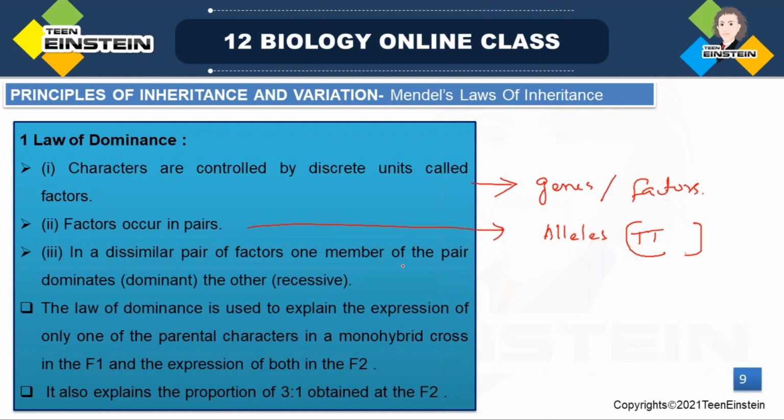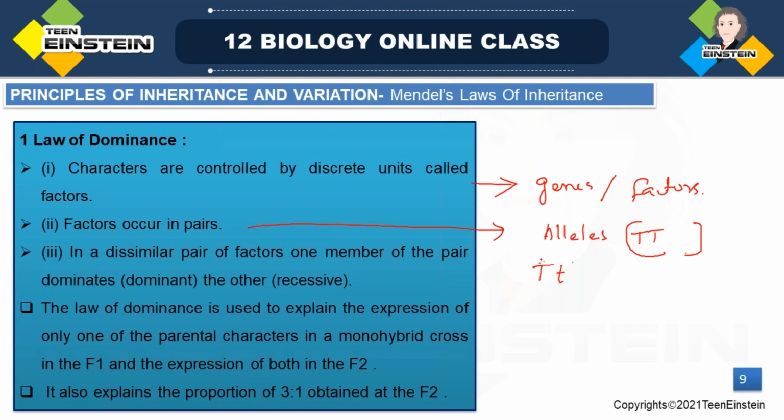And in a dissimilar pair of factors, one member of the pair dominates and the other is recessive. Here this is a similar pair, but in a dissimilar pair, that means the heterozygous condition, two alleles are present, but the dominant one will express.